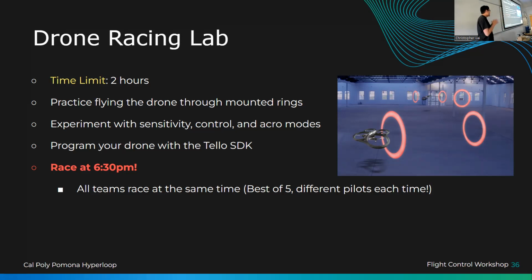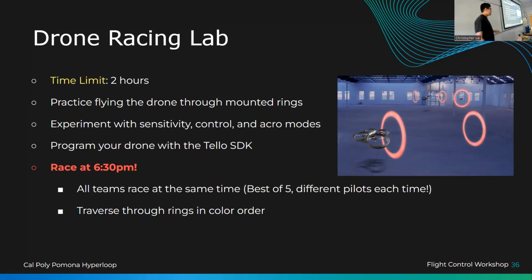As we figure that out, we'll distribute the drones to you, and then you get to start flying it. Also, it might not be best of 5, it might be best of 3, but all drones will be flying at the same time through the obstacle course at the end, and you're going to have different pilots each time. So make sure everyone in your group knows how to fly at the end. That's the goal.